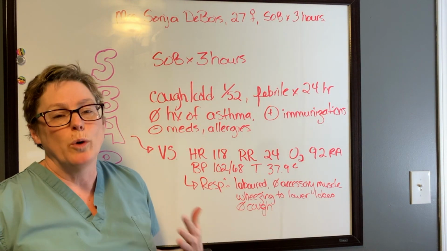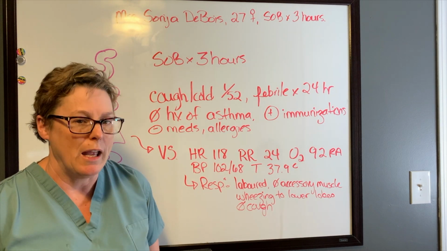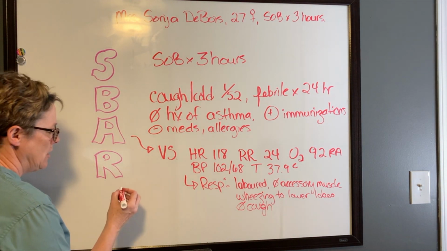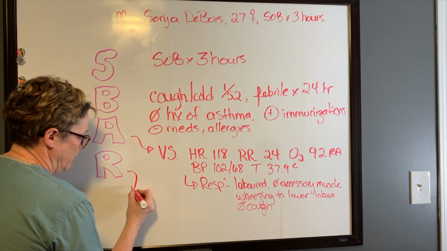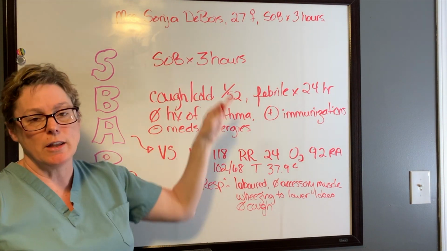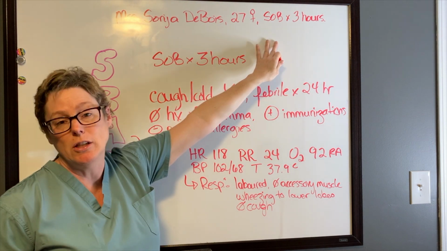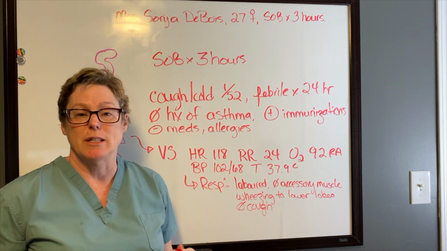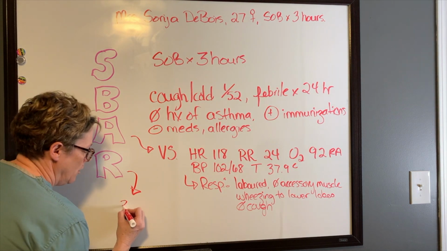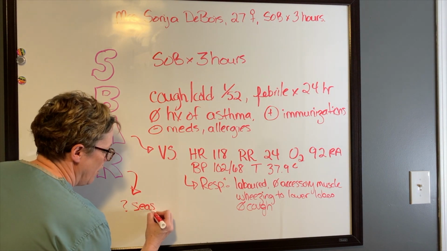Now the last thing is, what do we think is going on and what do we want to have happen? So this is for recommendation. Based on this history and this presentation, maybe it's seasonal allergies. Right now it's spring here, so query, that could be one thing that you offer.